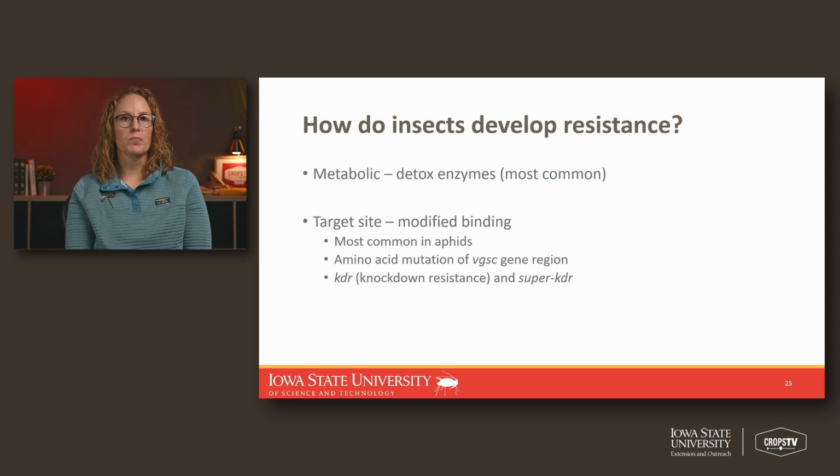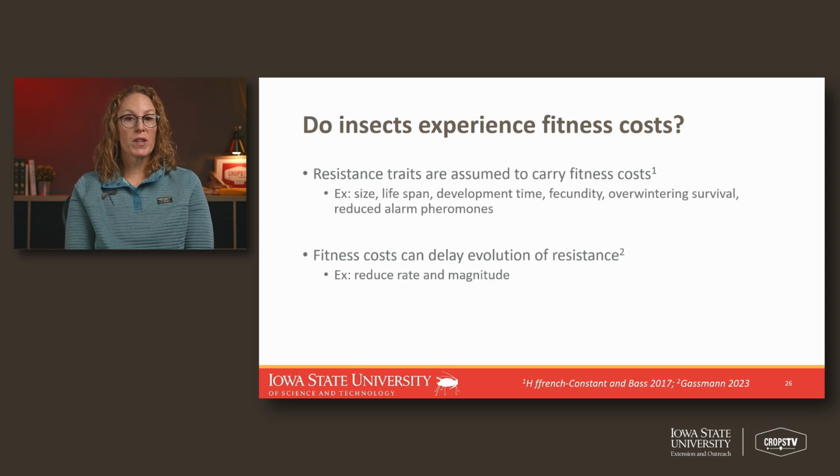There is usually a consequence or a fitness cost for individuals that develop resistance to an insecticide. There's a wide body of literature that says resistance traits carry fitness costs, which could be described as smaller size.